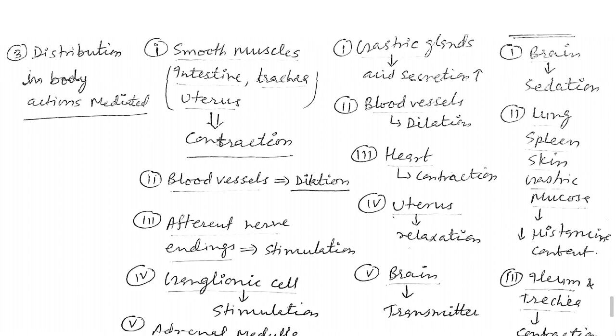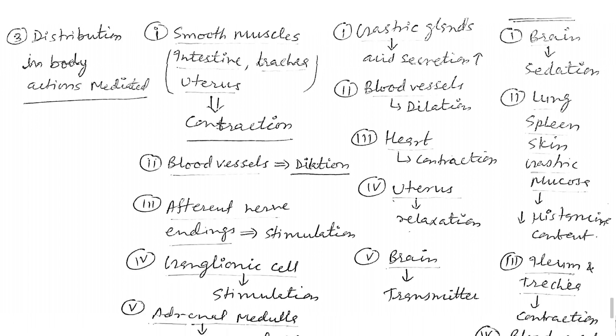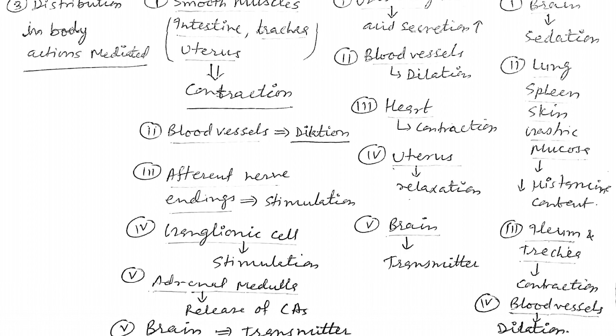Another organs where H3 receptors may be present: lungs, spleen, skin, gastric mucosa. I am again repeating: lungs, spleen, skin, gastric mucosa, where these receptors are responsible for decreasing the histamine content or histamine level.